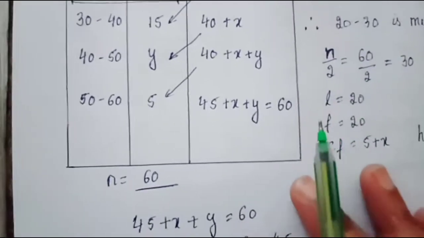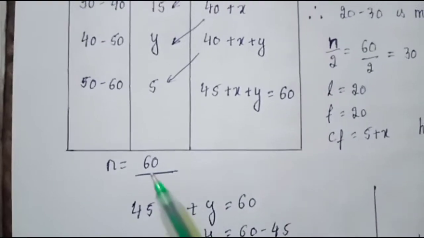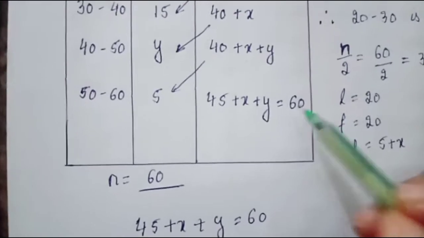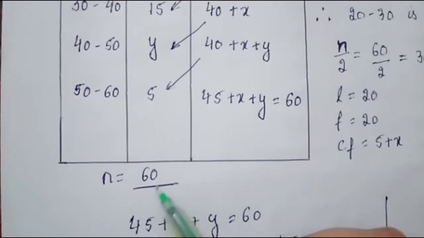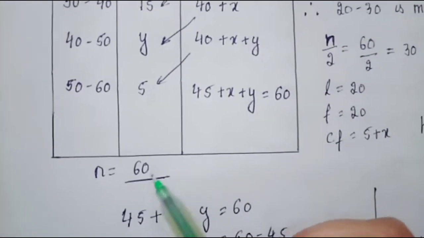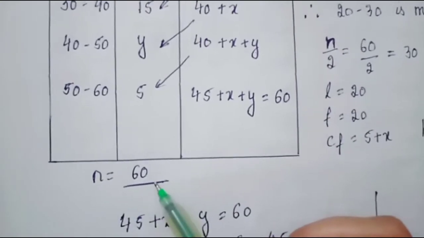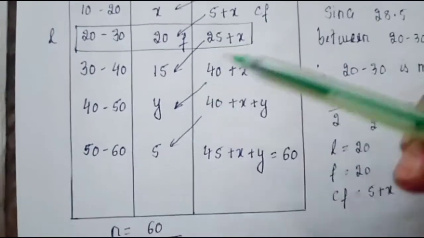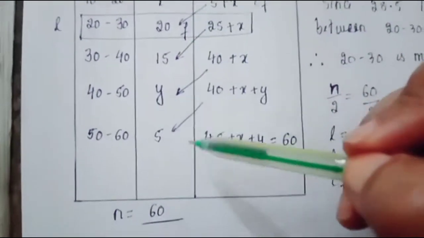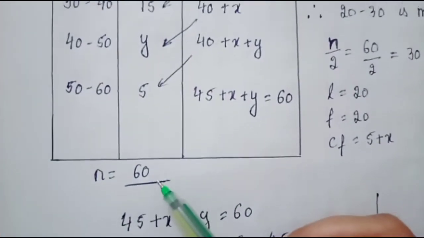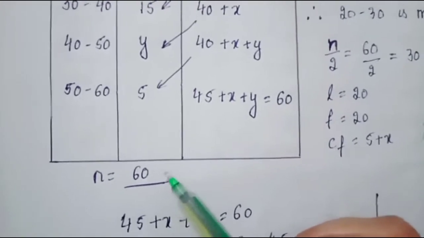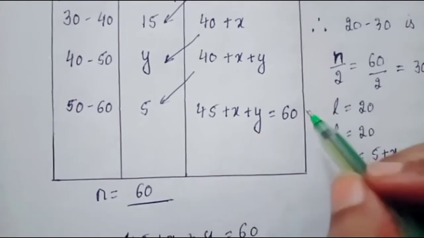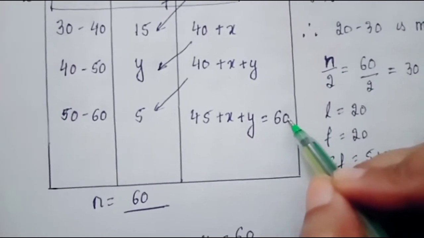And as I already said in the last question, in the case of LCF, the last value of the LCF and the total number of observations will be the same. Note it. Here n is already given, it is 60. In the question itself they give it, because x and y are missing frequencies. So if this is n, this is also n, as you observed in the last question.